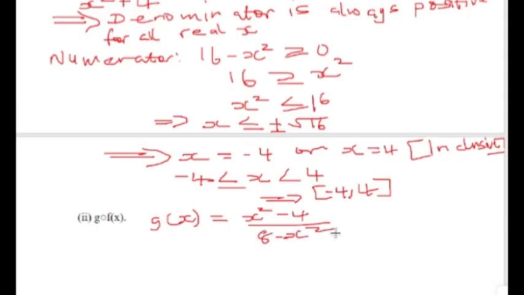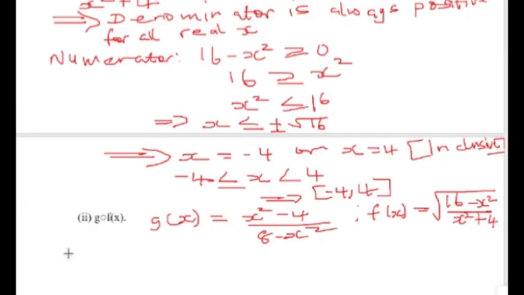So this is the required function for g(x). Now, we recall that f(x) is equal to square root of 16 minus x squared, okay, divided by x squared plus 4.